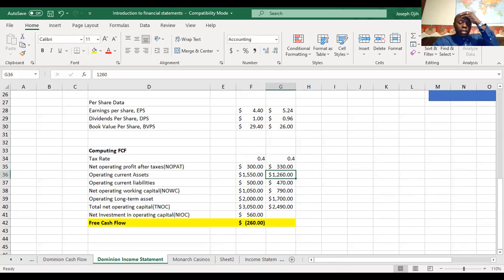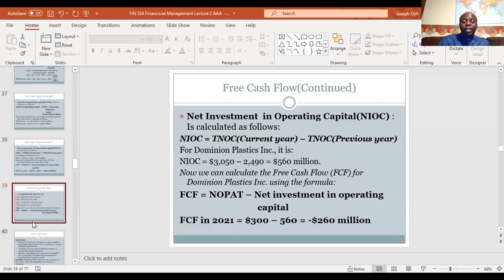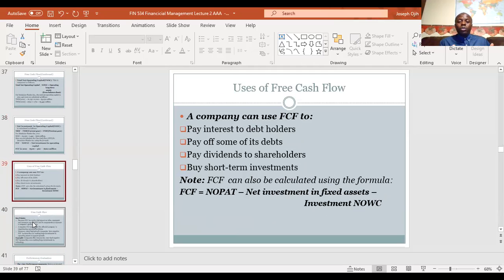Now, with this, let me show you what companies use free cash flow for. Then that will round up for today. A company uses free cash flow to pay the interest to debt holders if they have debt.